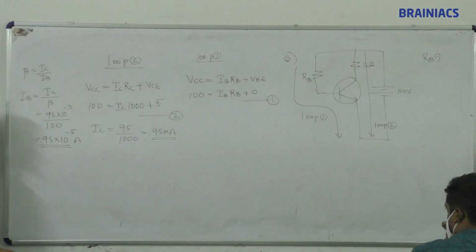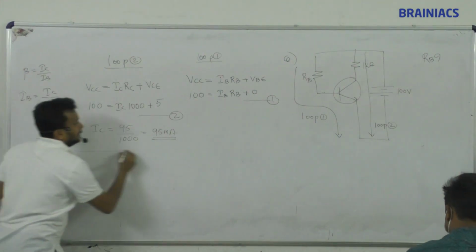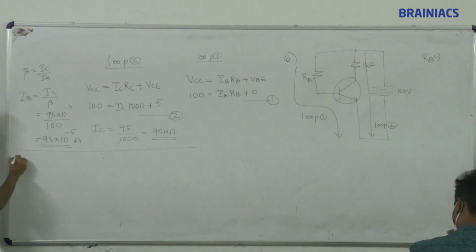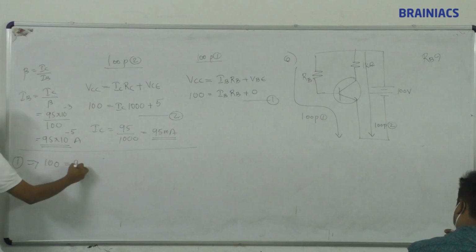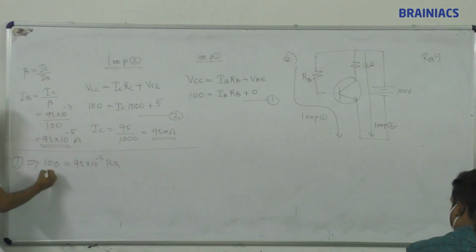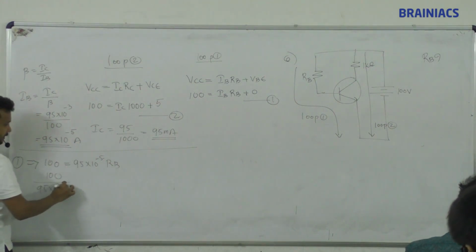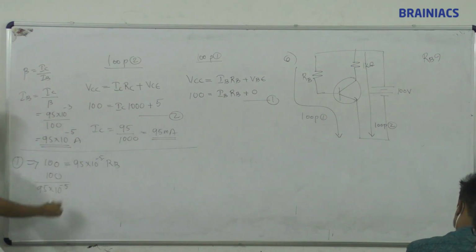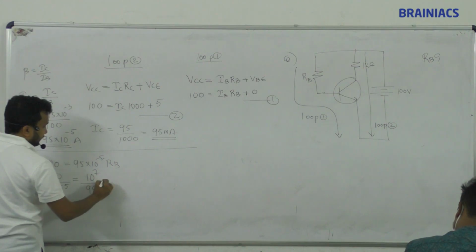Next, what do I need to find out? RB. For that, what should I do? Substitute in the first equation straight away. Substituting in equation number 1, it becomes 100 is equal to IB, 95 into 10 power of minus 5, into RB. So RB is 100 divided by 95 into 10 power minus 5, which becomes 10 power 7 divided by 95.